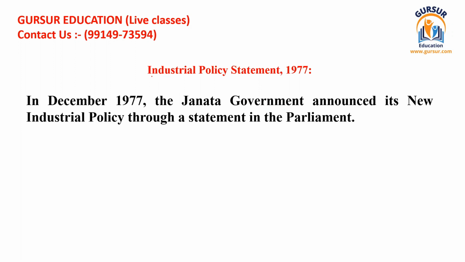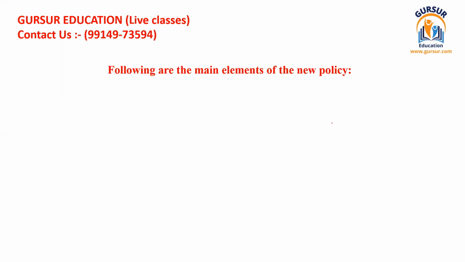This is why a new industrial policy statement was taken into consideration, known as the Industrial Policy Statement of 1977. It was issued in December 1977. The Janta government announced it, termed it a new industrial policy, and gave a statement in the parliament. Now we shall take the different elements of these policies. That was a very major policy because it brought many changes to the previous policies.